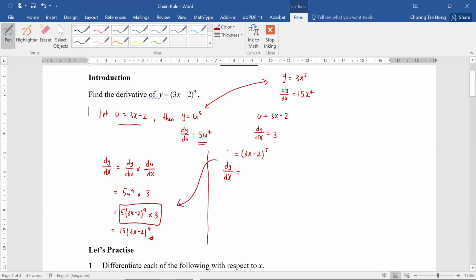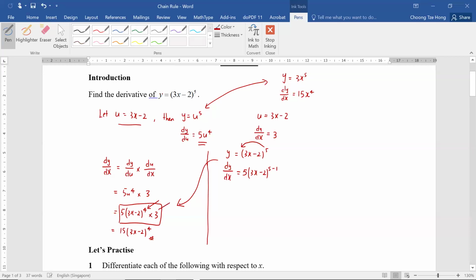What we have done is work as per normal: if you differentiate, you bring the power 5 in front, and then the power becomes 4, so you reduce the power by 1, 5 minus 1.